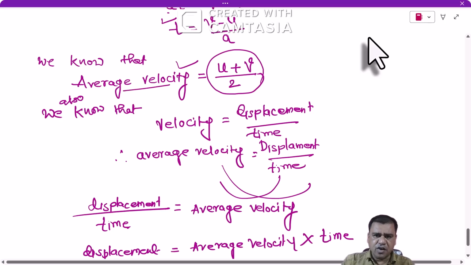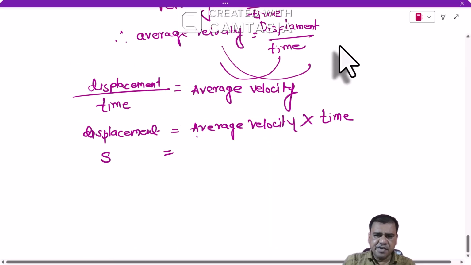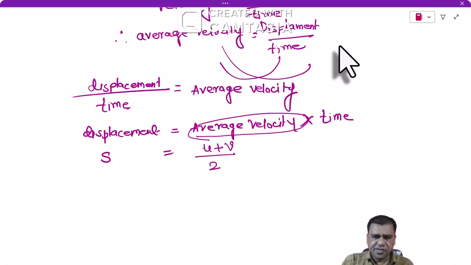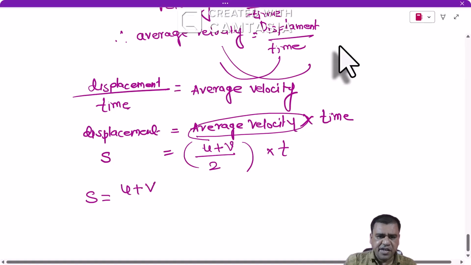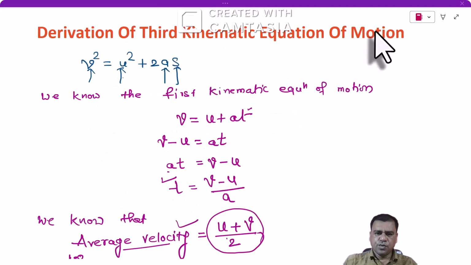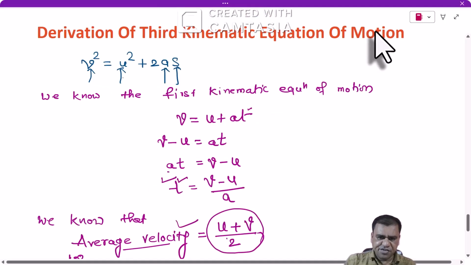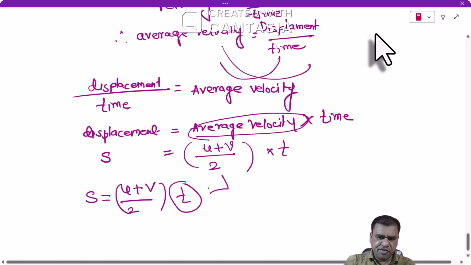Therefore put the average velocity here, that is (u plus v) divided by 2 in bracket, and time is denoted by t. Now we get s is equal to (u plus v) divided by 2, into t. But we know the value of this t, which we have derived here. The value of t is (v minus u) by a. Now put the value of this t here in this equation.